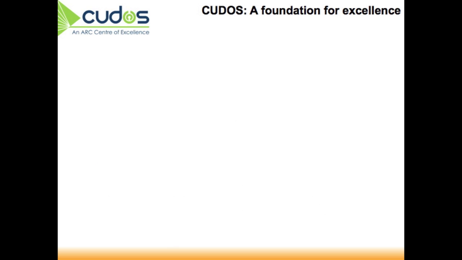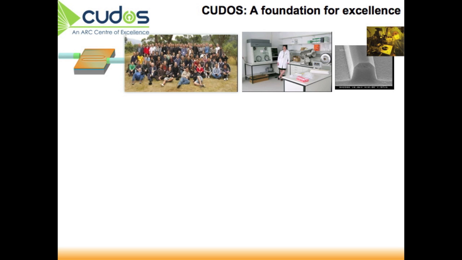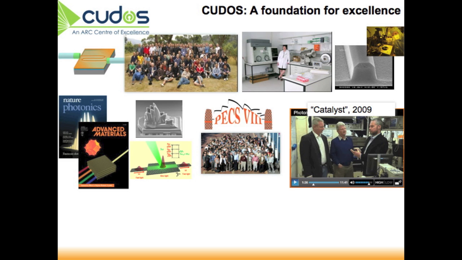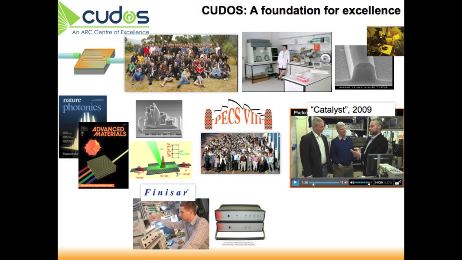Okay, so look, the punchline is I want you to go away and forever remember me, remember CUDOS. When you're out there in your real world, hopefully we'll still be around. CUDOS is a centre doing nanophotonics. We've got a great group of people across Australia. We're vertically integrated.